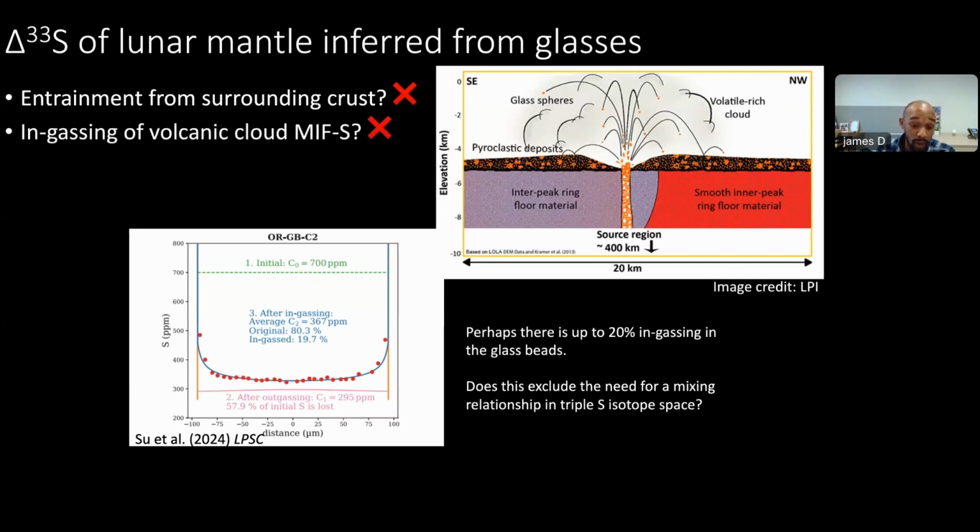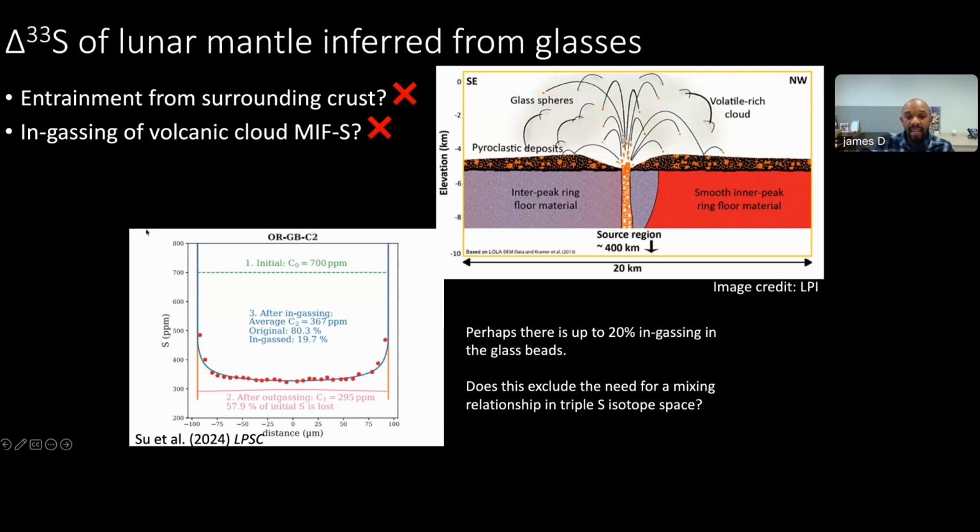Perhaps there was ingassing of mass-independent fractionation into the glass beads, and that's how we're able to decrease the cap delta 33S towards lower values relative to lunar basalts.